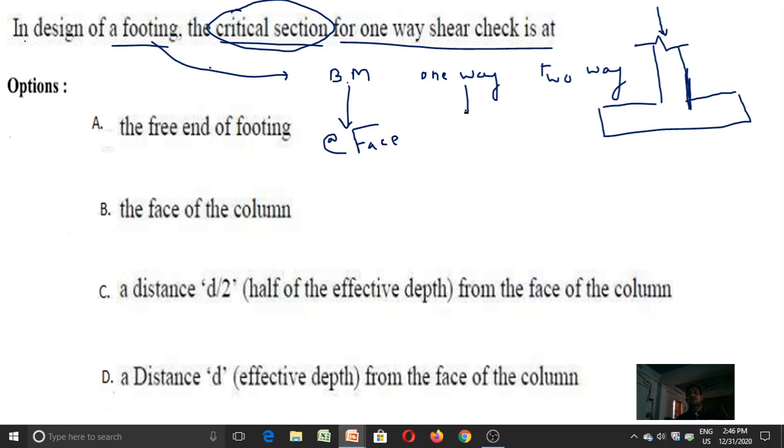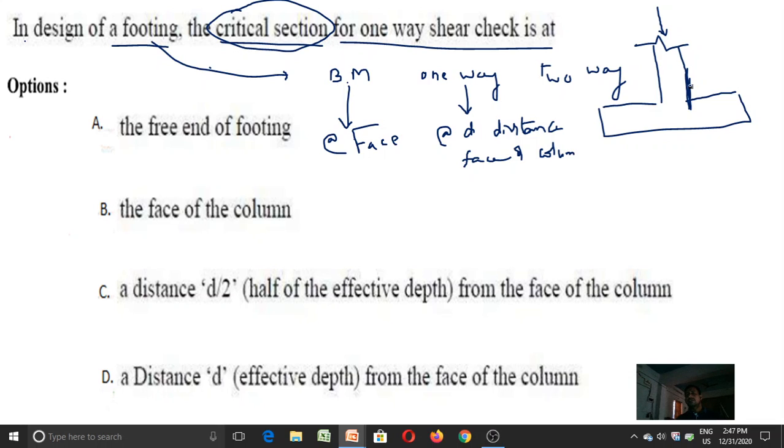If it is one-way shear, the critical section occurs at d distance from the face of the column. So where is the face of the column?